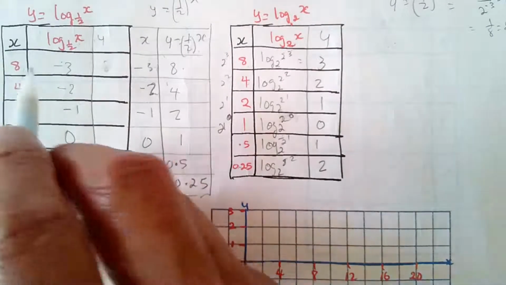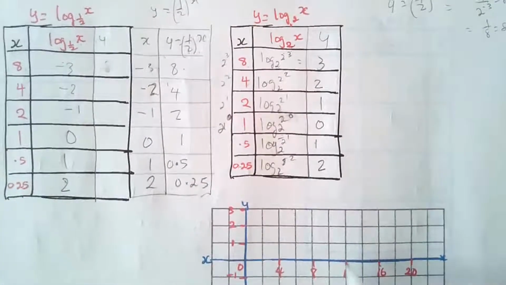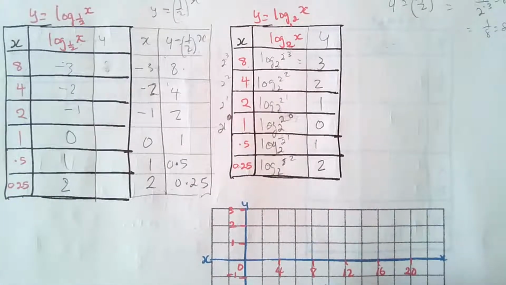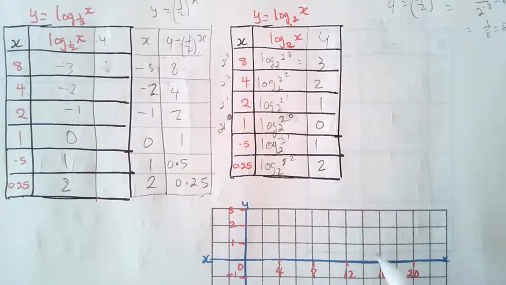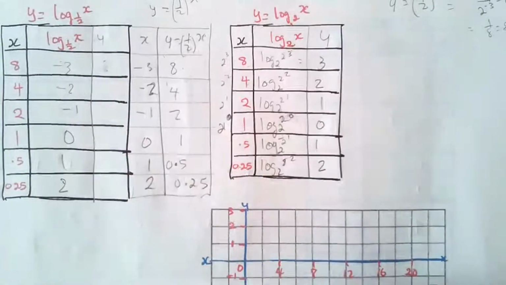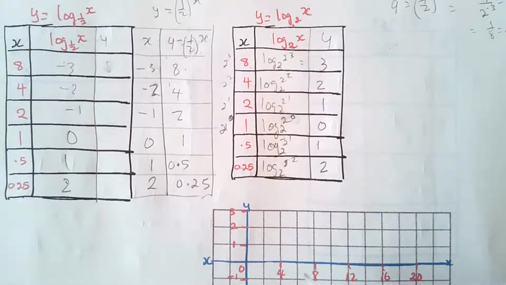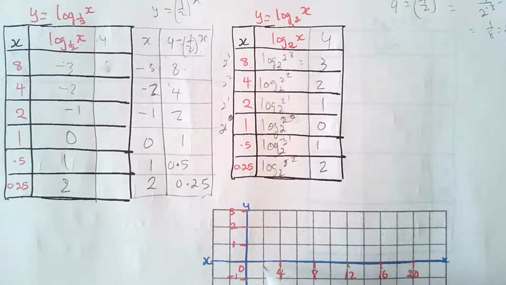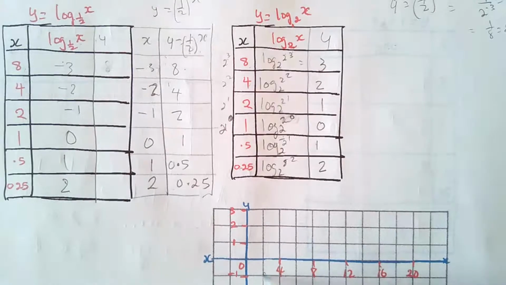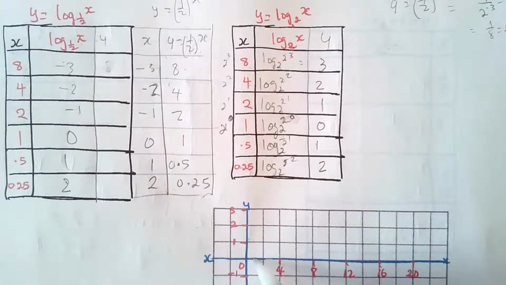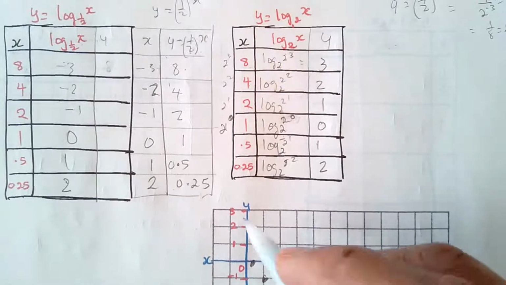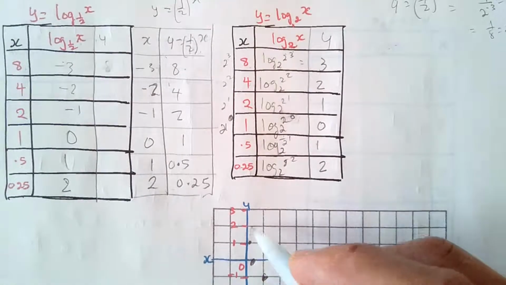We'll have x is 8, y is -3 here. Then we have x is 4, y is -2, and x is 2, y is -1, x is 1, y is 0, 0.5 is 1, and go up.